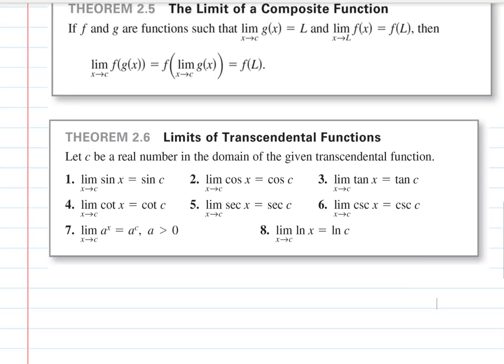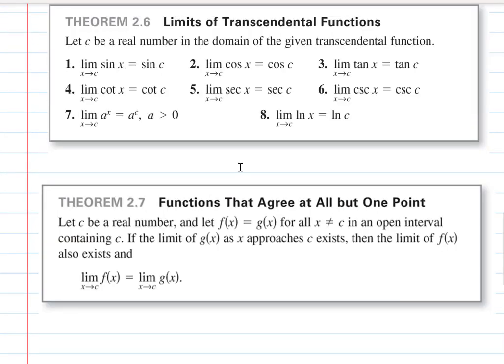And there's one more thing that we already talked about, which is functions that agree at all but one point. If you remember, when we started talking about limits and building our intuition as to what a limit was, we saw functions that were identical to other functions except for one point, right? We had a hole at one point.